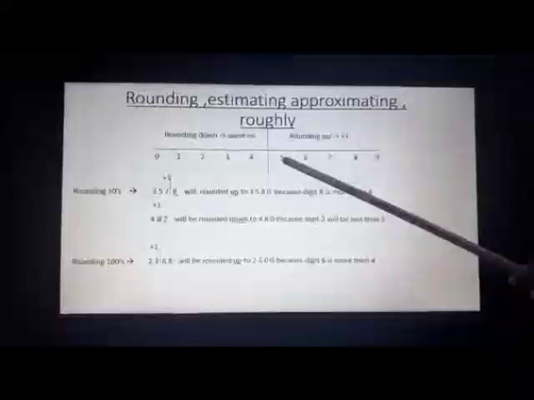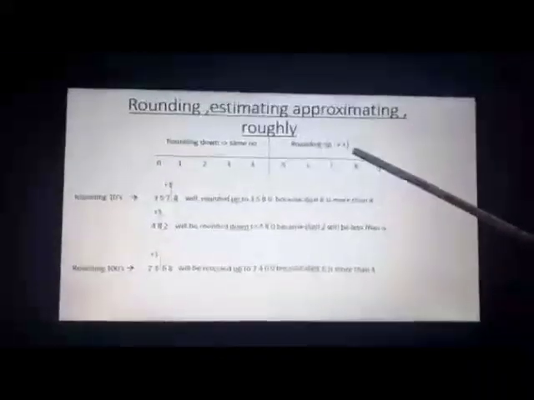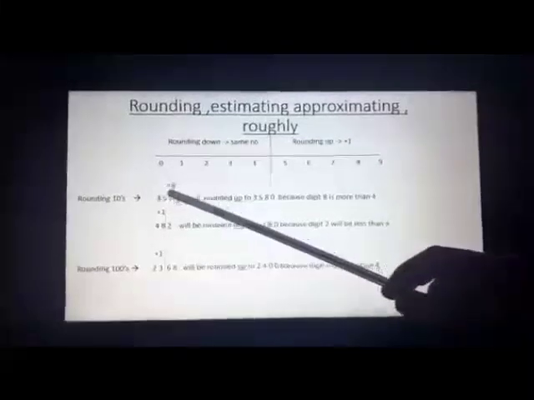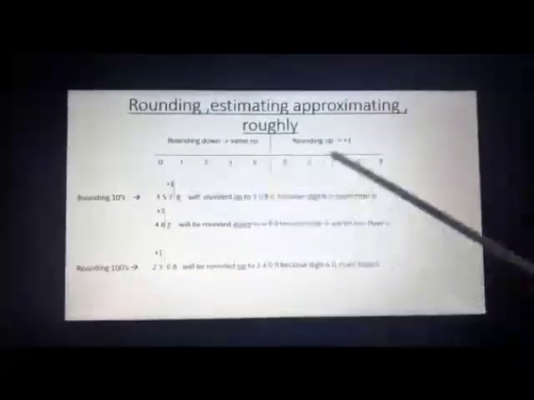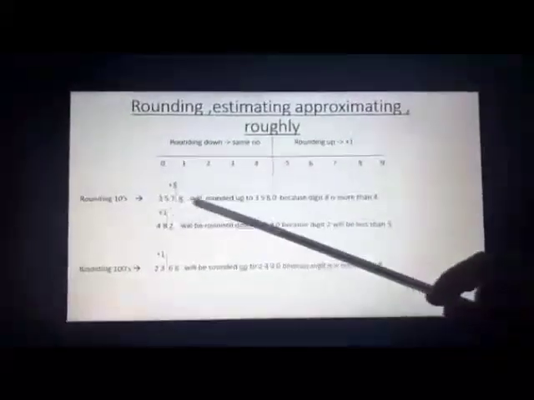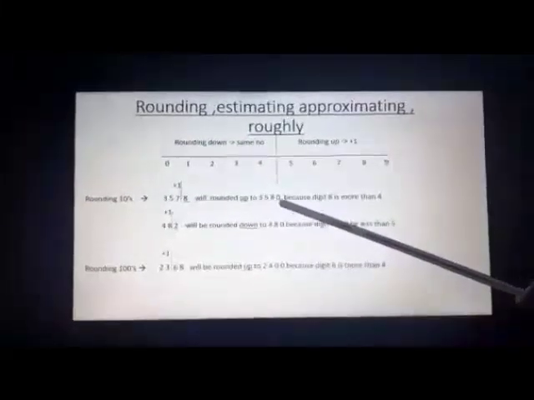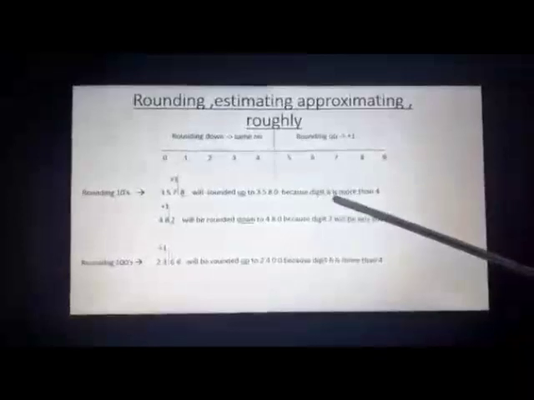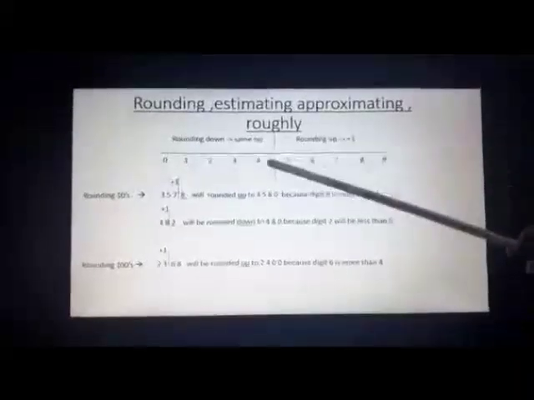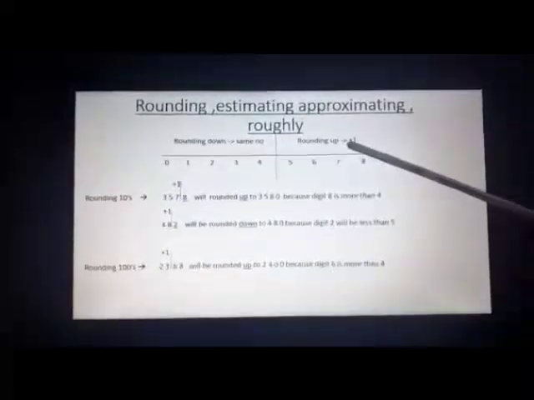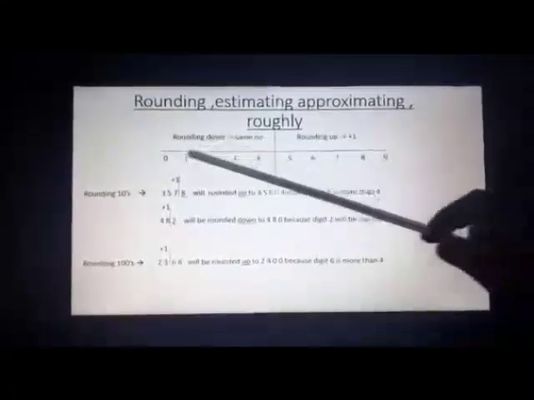It is more than 5, so it will be rounded up, plus 1. So it will be rounded to 3,580, because 8 is more than 4. Whenever a digit is 5 or more, it is rounded up; 4 and less than 4, it is rounded down.